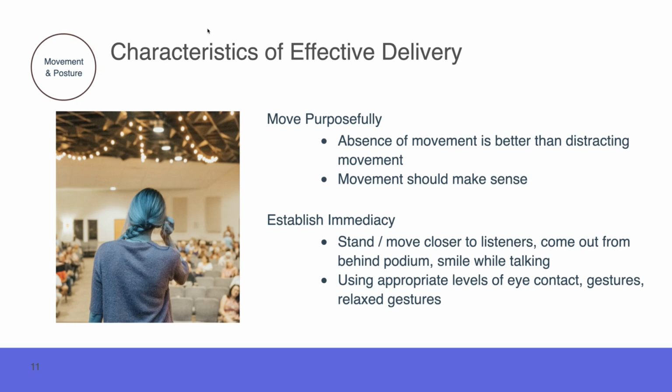Don't stand behind a podium all the time. When you maintain that contact, and you have great posture and you're physically a little bit closer to your audience, it feels real, it feels fresh, and it establishes that immediacy that we're talking about here. And of course, you want to have the right eye contact and more relaxed gestures.